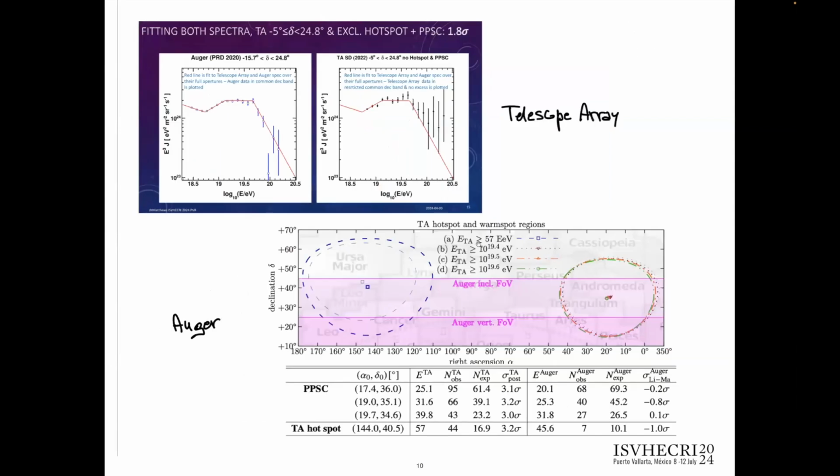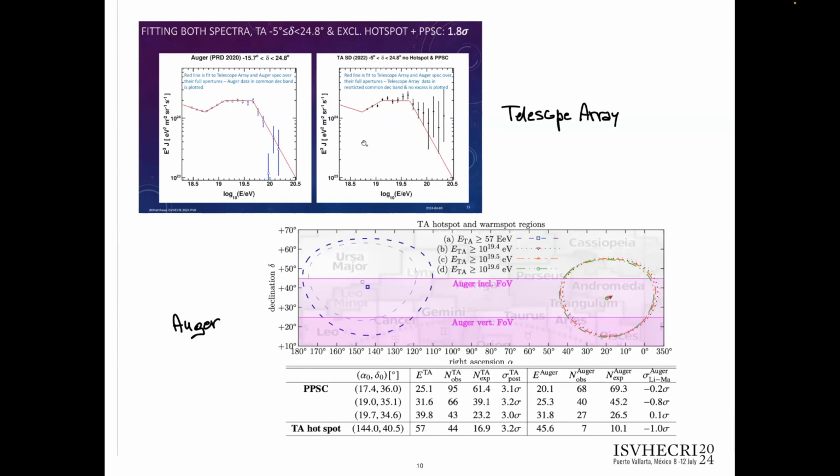This is something that John showed at this meeting. You see here in the left part of the plot, this is a fit. The red line is a fit to Telescope Array and Auger over the full aperture, where Auger data are plotted in the common declination band.